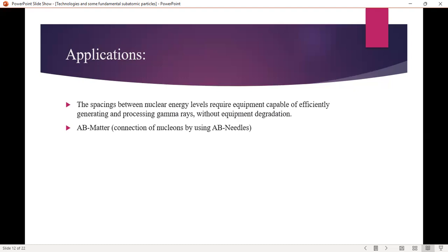So now you can clearly understand how much of the atom is empty space, and how very small the nucleus is.